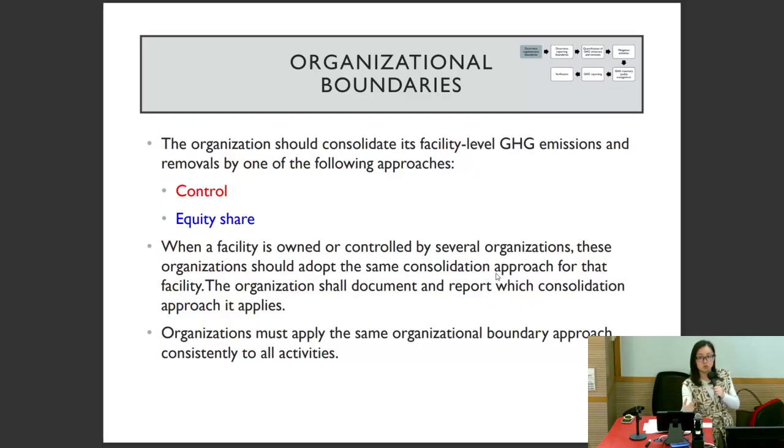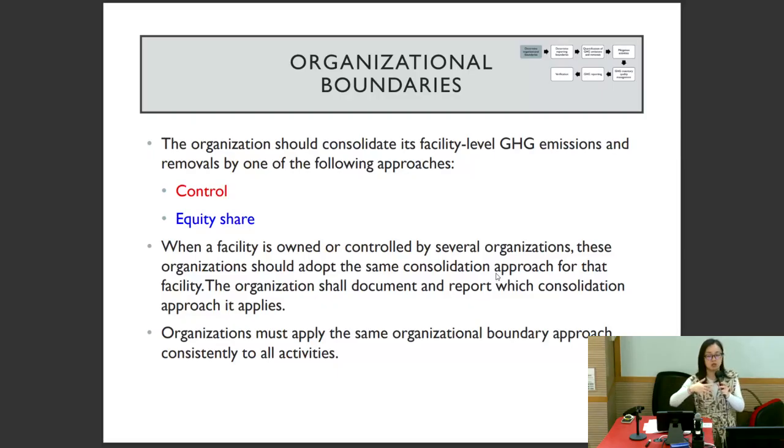So if you check the ESG report, maybe of CLP or Towngas, you will be able to find their control approach. As far as I remember, the CLP Group should be using the equity share approach. And for consistency, if this year they use the equity share approach, then next year they should also use the equity share approach.